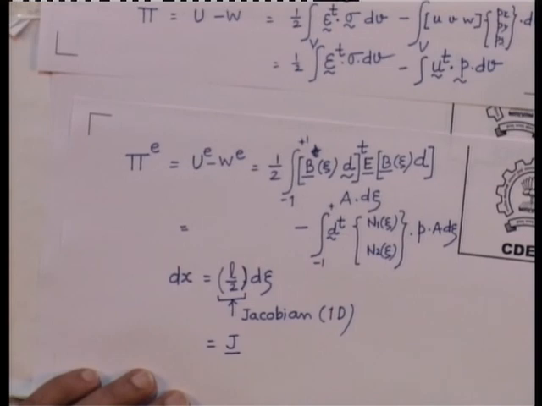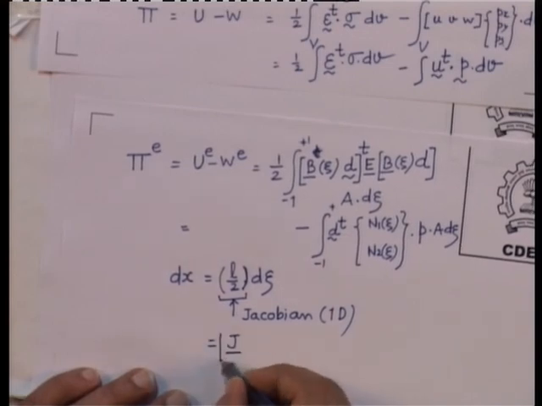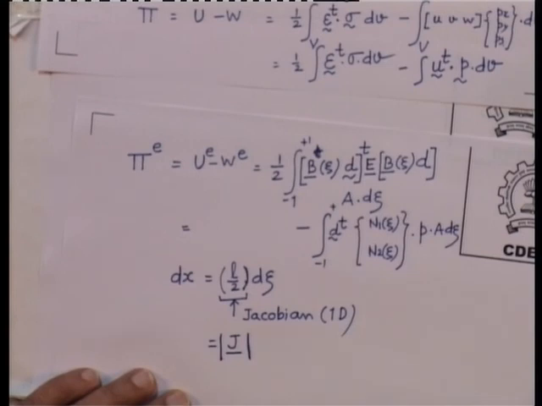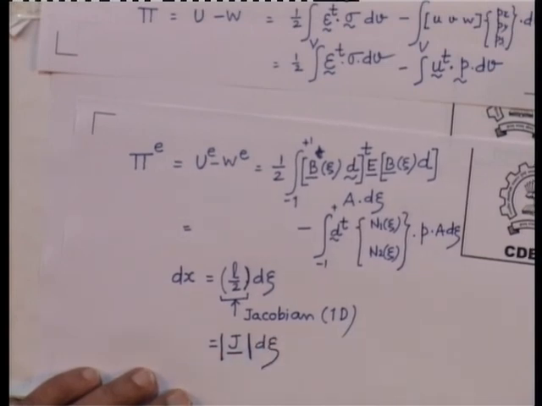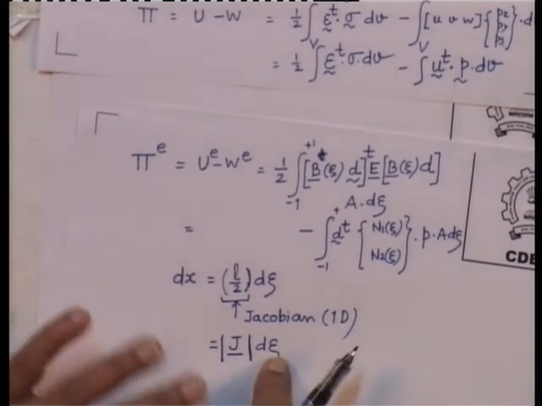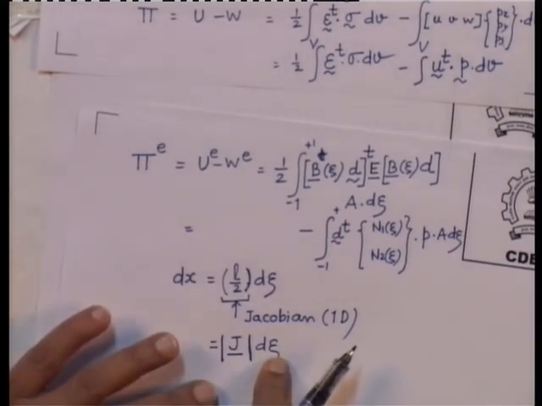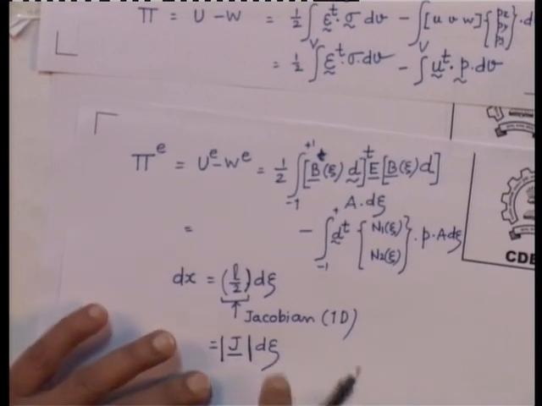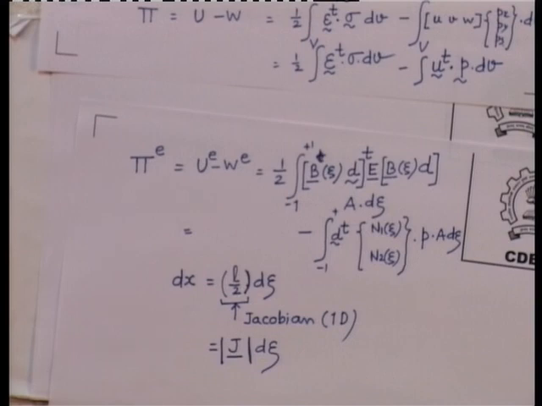In one dimension it is already L by 2. In two dimensions it will not be a scalar quantity, it will be a matrix, so we write it as a determinant, because that will give me the number. So wherever dx is there, you will have to change to this in order to get the quantities in the global coordinate system.